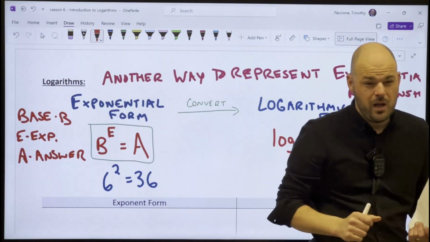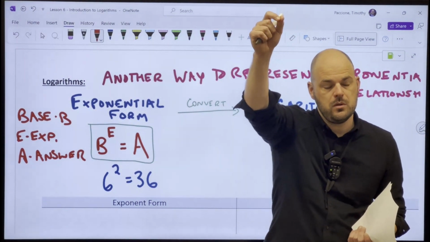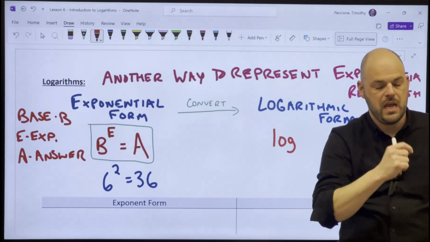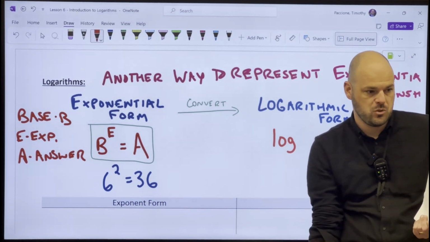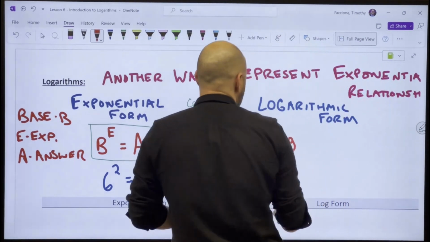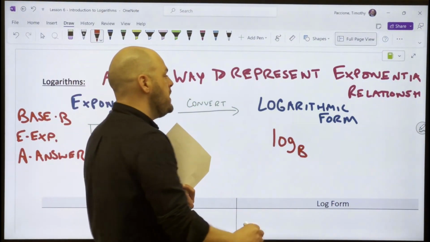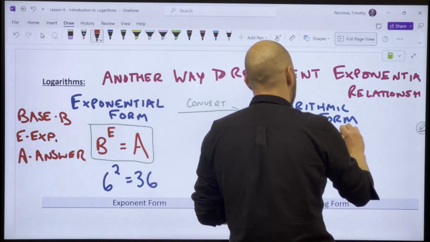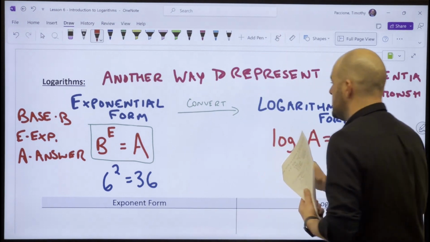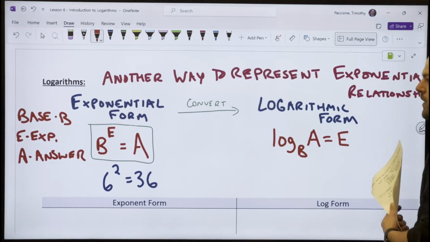And then, do you know how exponents are up top? We call that superscript. Logs, it's the opposite. We have a number that's down low, lower than the numbers. That's called subscript. So what we do is we put the base down there. Then we say answer. And that equals the exponent. So again, the same 3 pieces, base, answer, exponent, but just in a different form, okay, with this log thing.